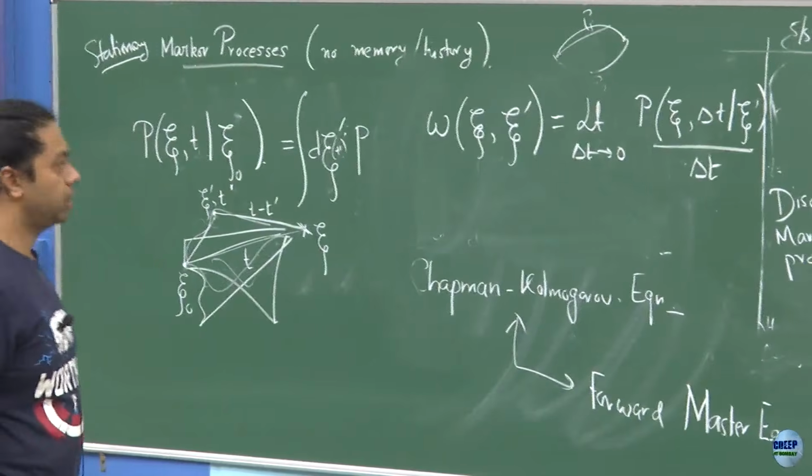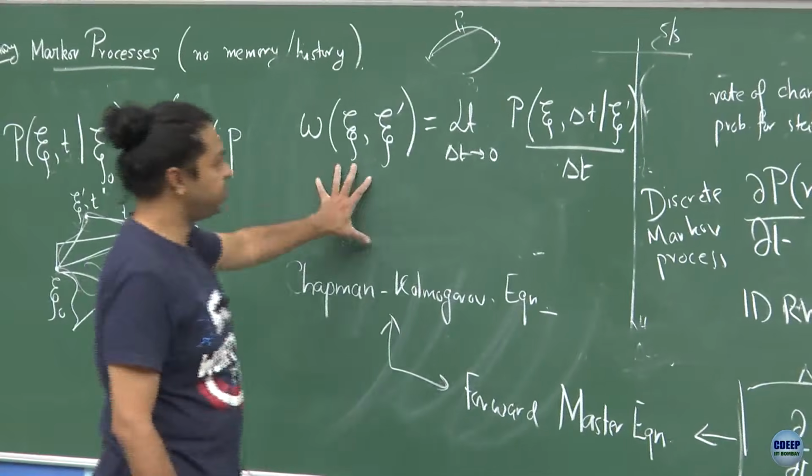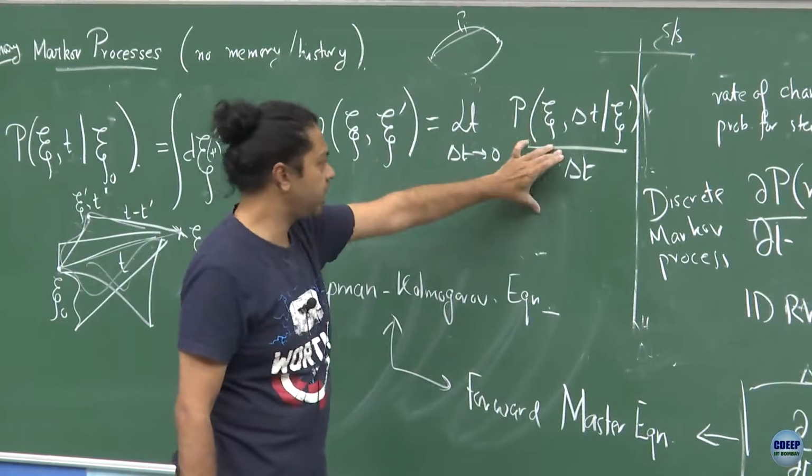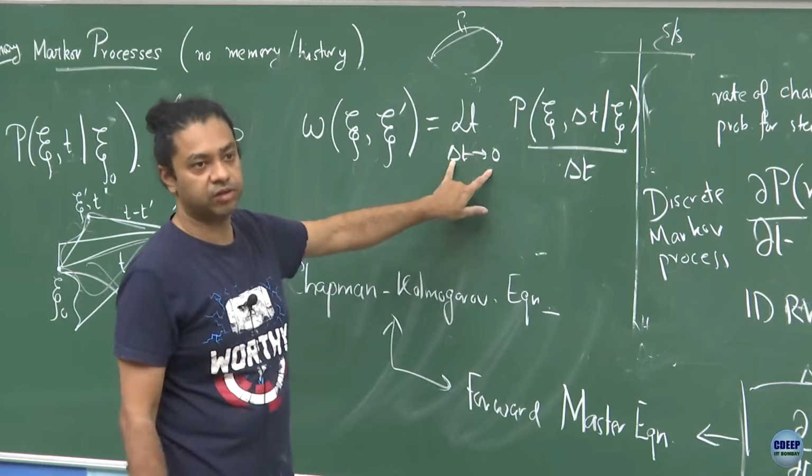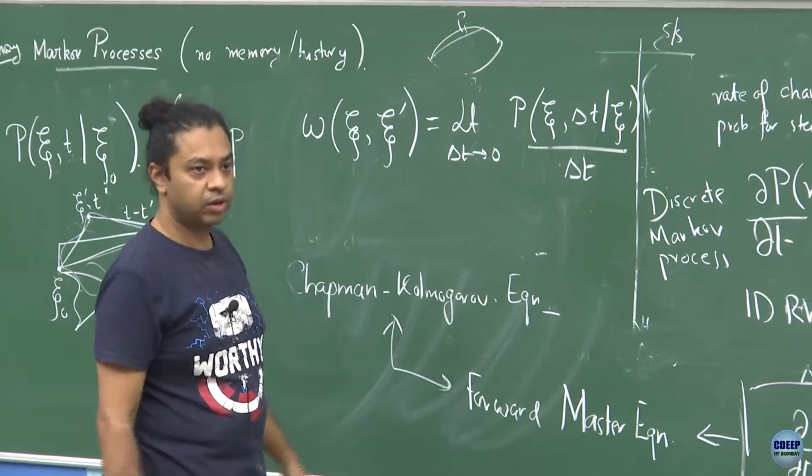Okay. So the precise definition is this: probability per unit time, in this limiting sense.